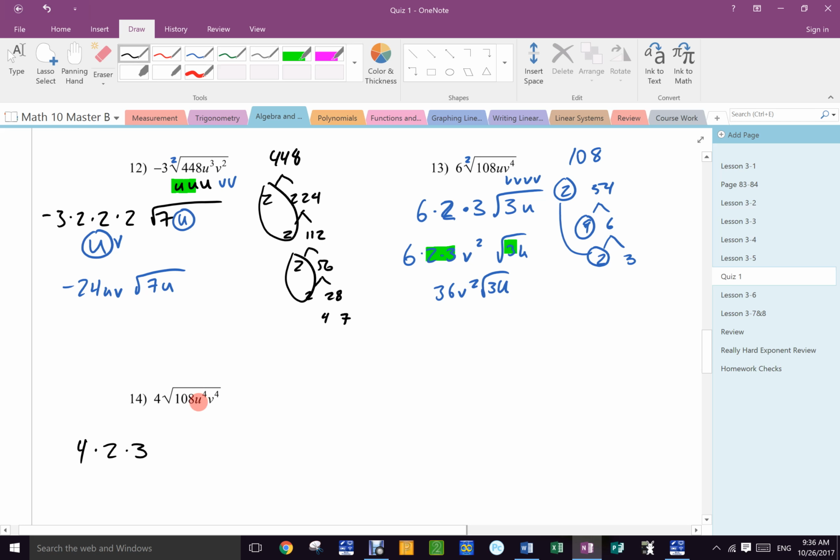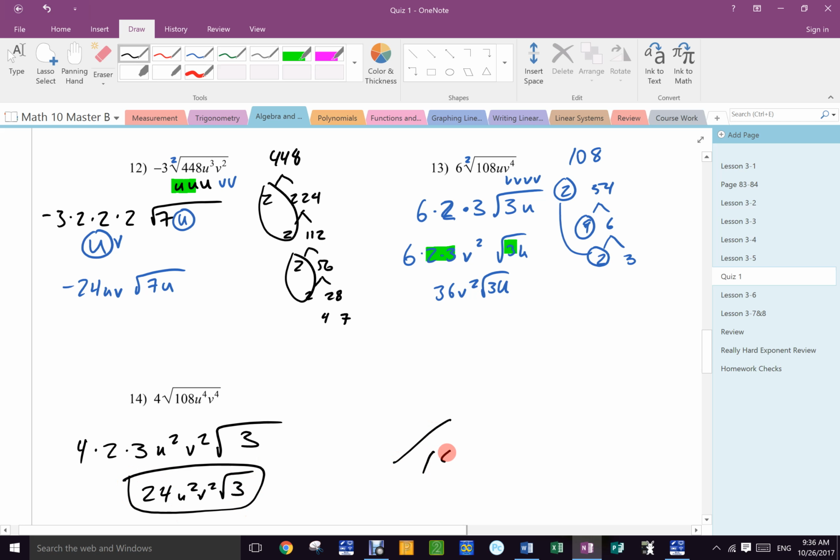How many U's are coming out of there? 2. How many V's? 2. What did I leave under there? Just the 3. 4 times 2 is 8. 8 times 3 is 24. 24 U squared V squared root 3. So give yourself a mark out of 14, and I'll get that from you later because it's a short day. I don't want to spend time on it.